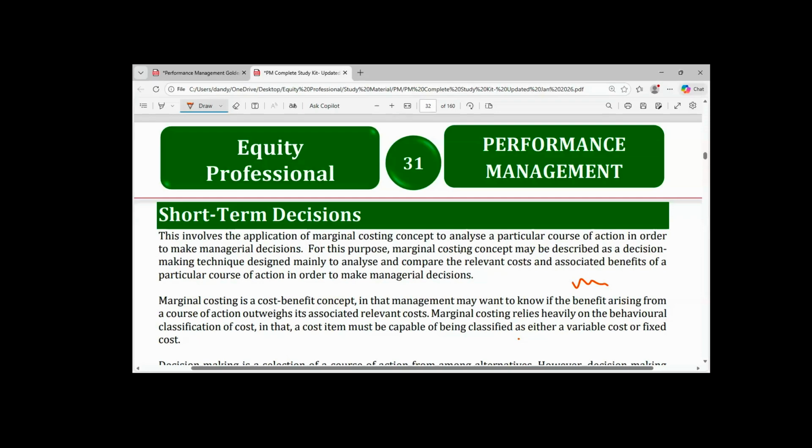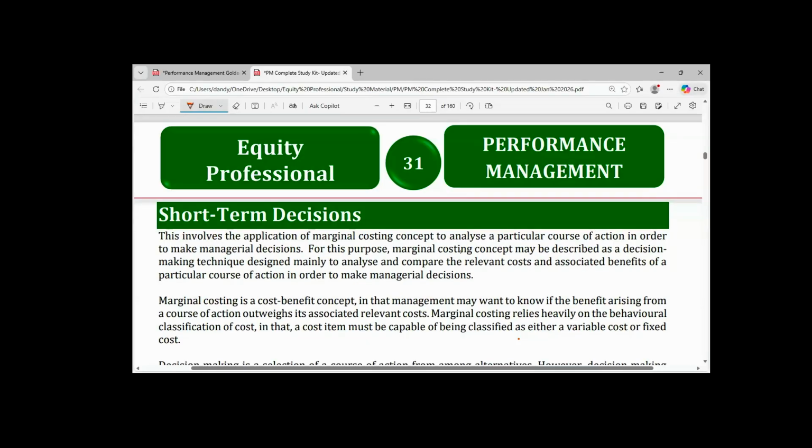It is also known as cost-benefit analysis, in that management may want to know whether the benefits arising from a course of action will outweigh the total relevant cost.